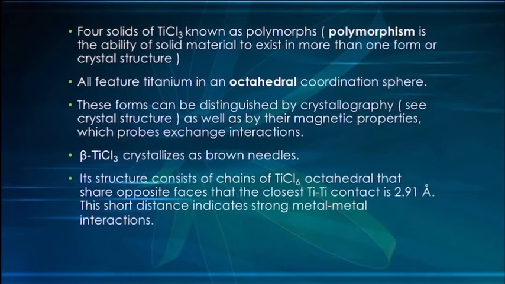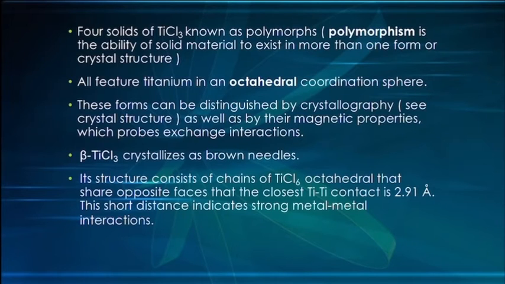Solids of titanium trichloride are known as polymorphs. Polymorphism is the ability of a solid material to exist in more than one form or crystal structure. All feature titanium in an octahedral coordination sphere. These forms can be distinguished by crystallography to see the crystal structure, as well as by their magnetic properties, which probe exchange interactions.